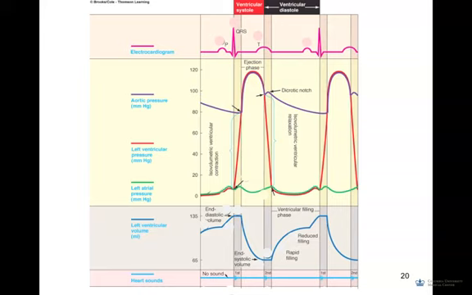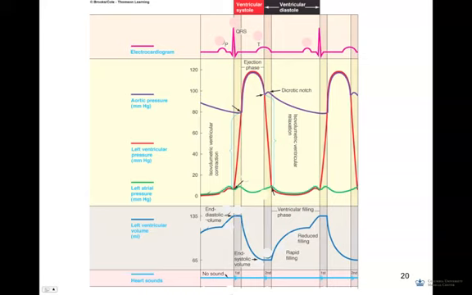And what we just talked about were all of the electrical events of the cardiac cycle that's captured by the electrocardiogram. In this slide, you can see that the electrocardiogram is laid out at the very top of the slide.